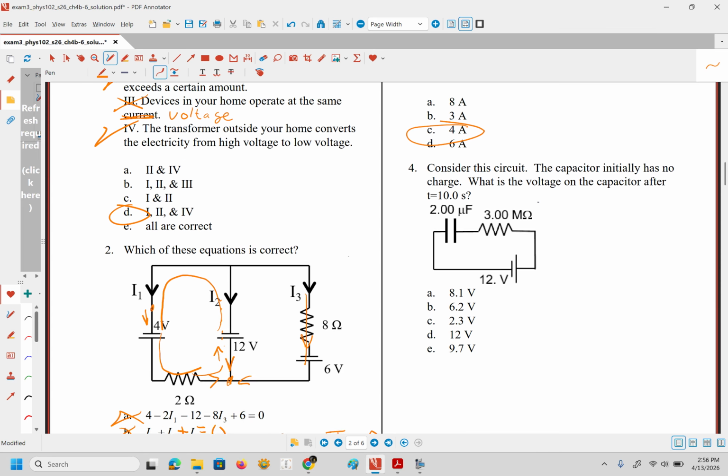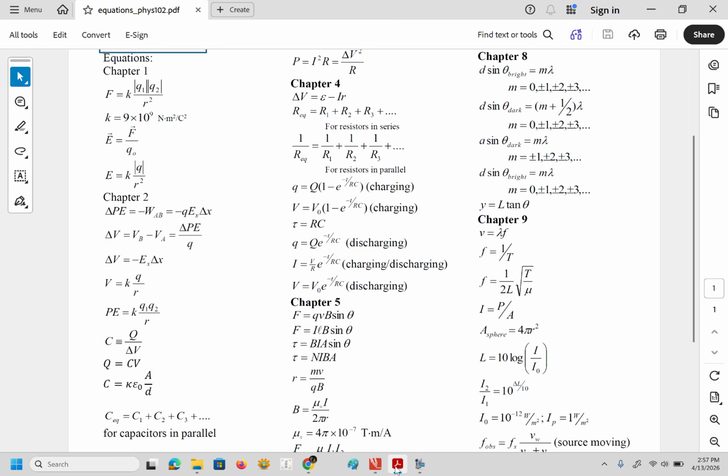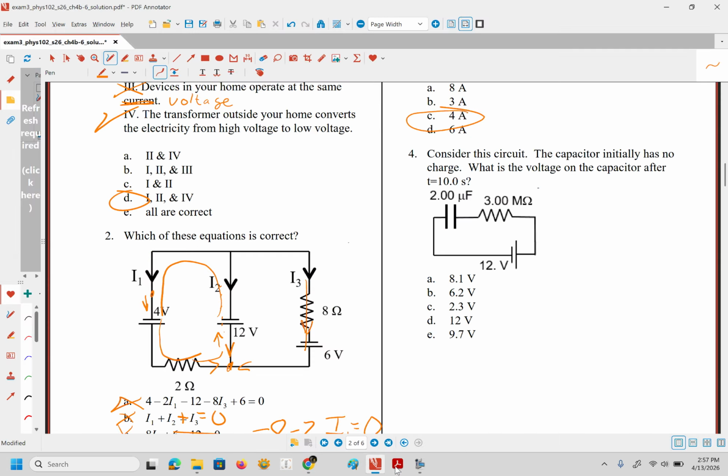What is the voltage after t equal 10 seconds? Well, let's just go back. It's going to be a charging capacitor. So the voltage of a charging capacitor is that growth function. So it's going to be V equals V naught times 1 minus e to the minus t over RC. That is equal to 12 times 1 minus e to the minus 10 divided by RC, which is 3 times 2 or 6.